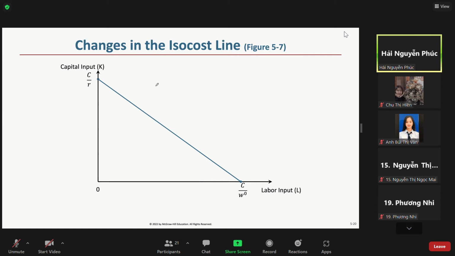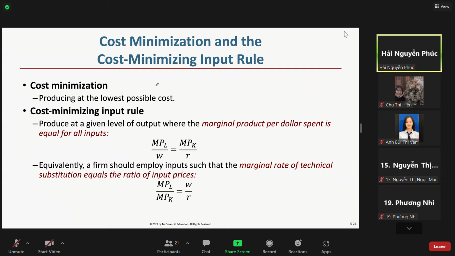And if we have a change in the wage or a change in the rental payment, it will rotate the isocost line clockwise or counterclockwise.